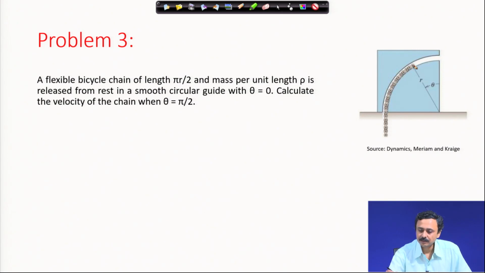Theta is defined to the end of the chain from this vertical. Calculate the velocity of the chain when theta is equal to pi by 2. When theta is equal to pi by 2, what happens to the chain? It has come out of this circular slot and it is now falling under gravity, it has become vertical. This is a problem from the book of Meriam and Kraige.